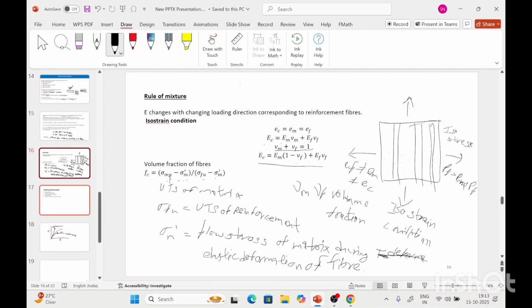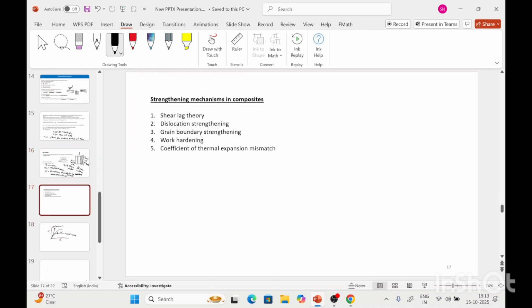Further, there are different strengthening mechanisms in composites which result in higher strength of the composite. First is the shear lag theory. Shear lag theory tells us about the transfer of load from the matrix to the fiber.